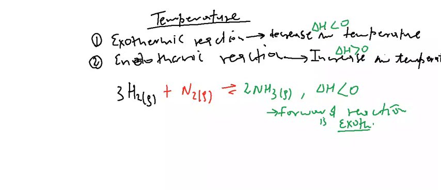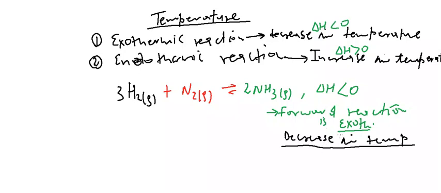Now let's change temperature. If the temperature is decreased, that is our disturbance, we decrease the temperature in the system.